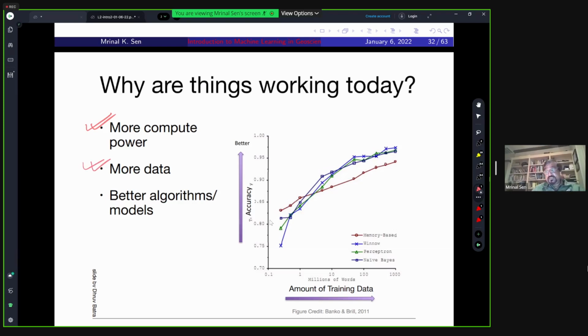We have much more storage than what we could store earlier. And we have better algorithms and models, and all of these things are improving. We started off with simple PCs, then went to workstations, then parallel computers, and now we have GPUs. So this figure shows you that with the increase in the amount of training data, we have been able to predict more and more accurately some of these scenarios.